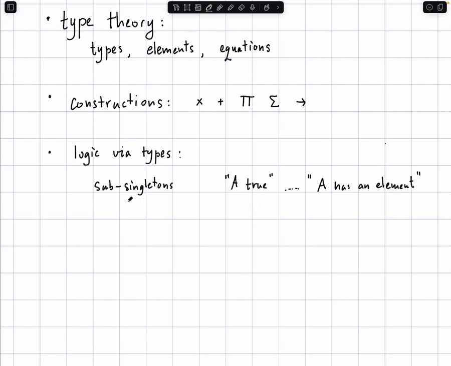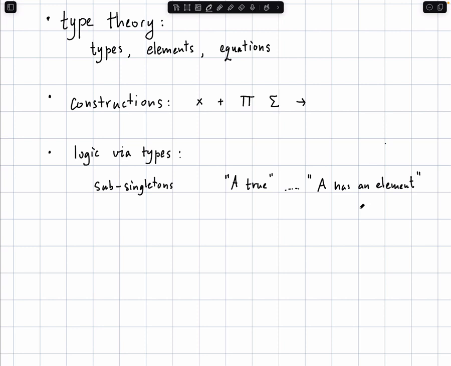The reason we started with subsingletons was that a statement is true and it can't be true in seven different ways. So let's use subsingletons, because those are types that have at most one element. If it has an element, it's unique. That's like a unique way of being true. And if it's empty, then it's not true, it's false.